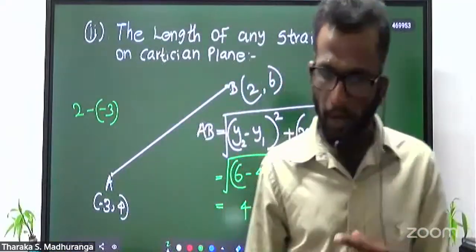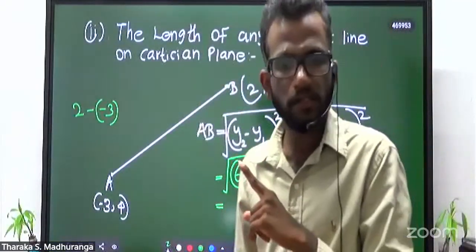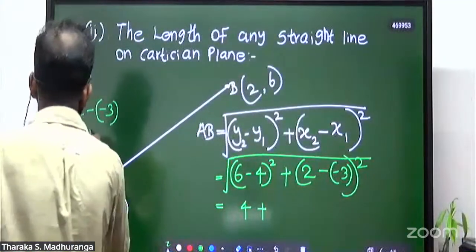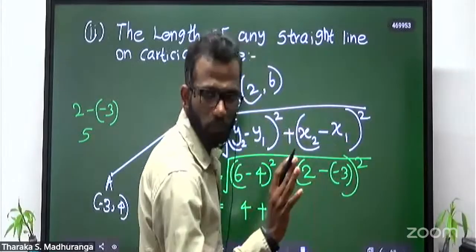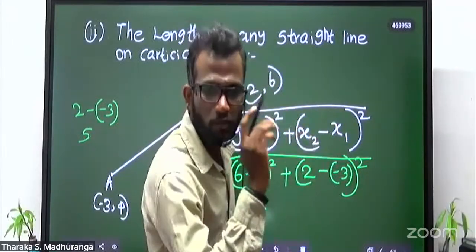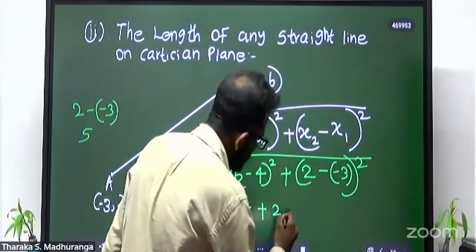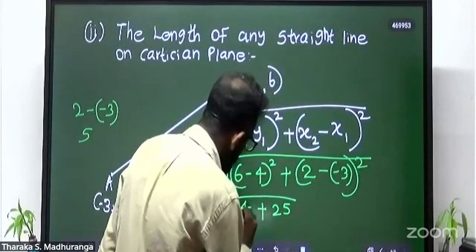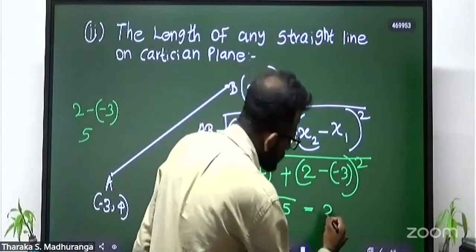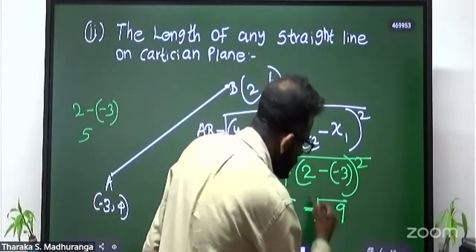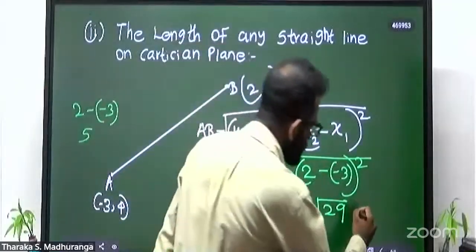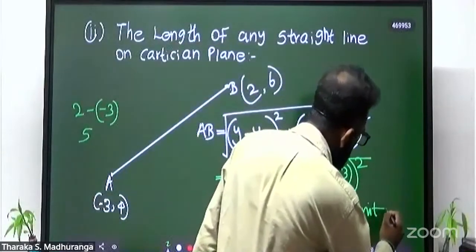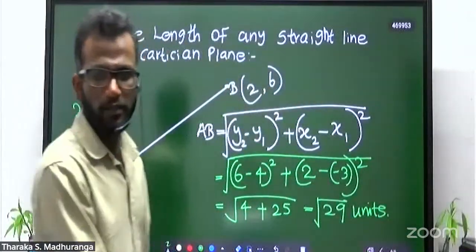Simple. Minus minus becomes plus. Then 5 squared is 25. Then the square root of 29 is the AB length. Square root of 29 units. If you want, you can get the decimal value in units.